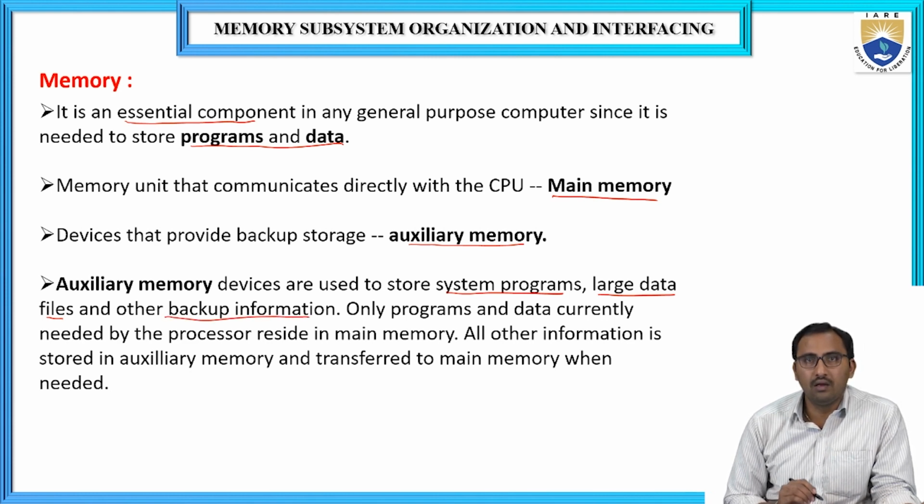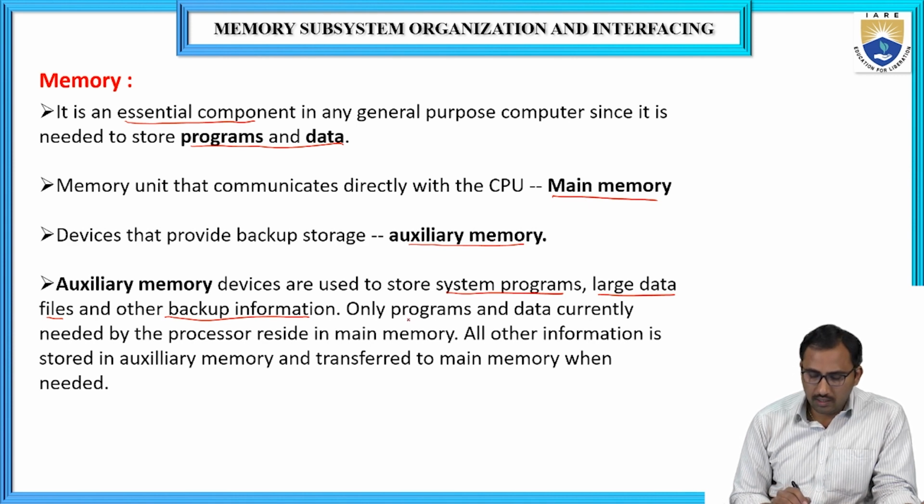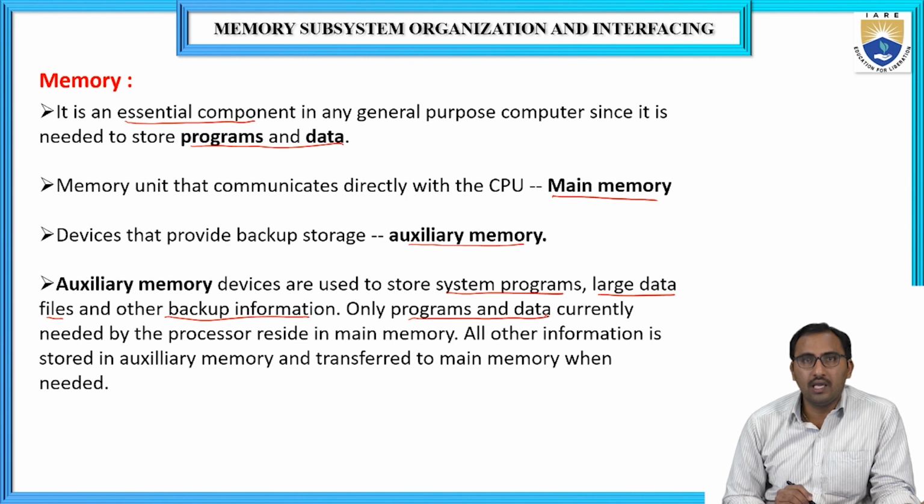Only the programs and data currently used by the CPU will reside in the main memory, and the programs and data which are not currently used by the CPU are stored in this auxiliary memory.